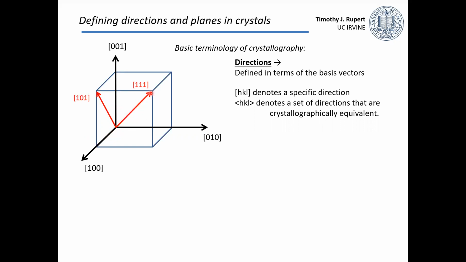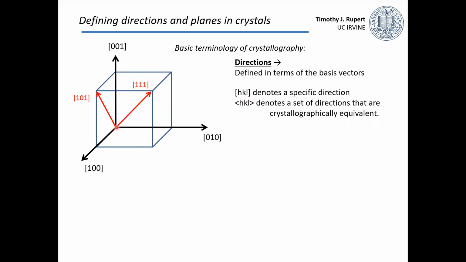Okay. Now, you'll oftentimes find different things bounding these numbers. So when we use the square brackets, we're talking about a specific direction. And when we use these triangular brackets, we're talking about a set of directions that are crystallographically equivalent. Okay. What I mean by that is, let's just think about a simple cubic cell. If I had an atom on each of these corners, they were all the same.